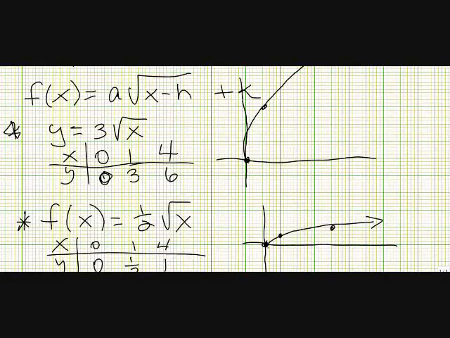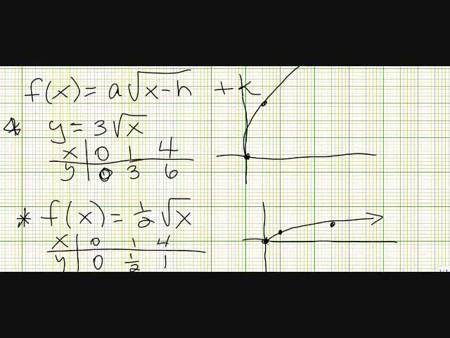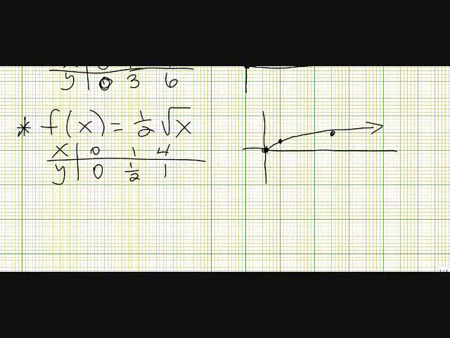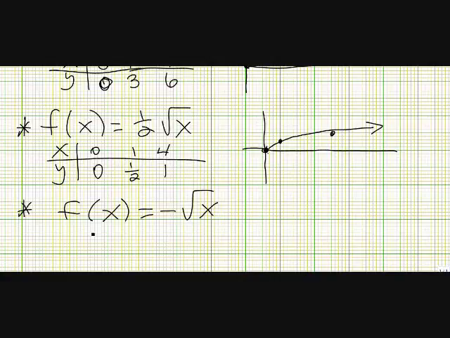It's kind of a little bit opposite of thinking about when you have quadratics. Numbers bigger than 1 for a give me a wide graph. Between 0 and 1 give me a narrow one. And let's see what negative does. f of x equals negative 1 times the square root of x.